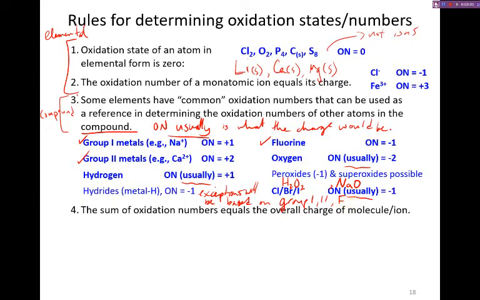In other words, these absolute rules take priority, and they can force oxygen or the halogens or hydrogen to take on non-ideal or non-normal oxidation numbers.